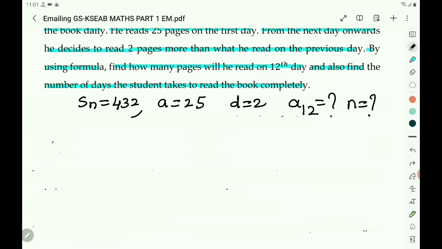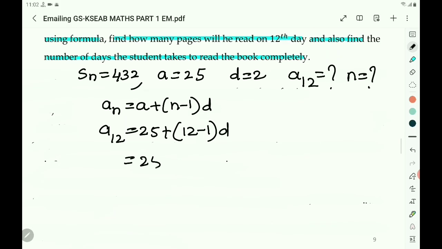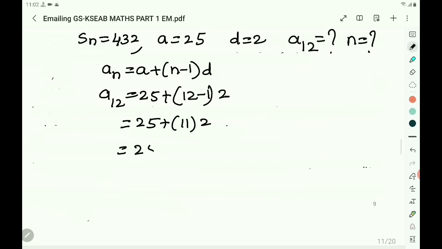So you write the formula An equals A plus n minus 1 into D. A12 equals A is 25 plus n is 12 minus 1, D is 2. 12 minus 1 is 11, 11 into 2 is 22.